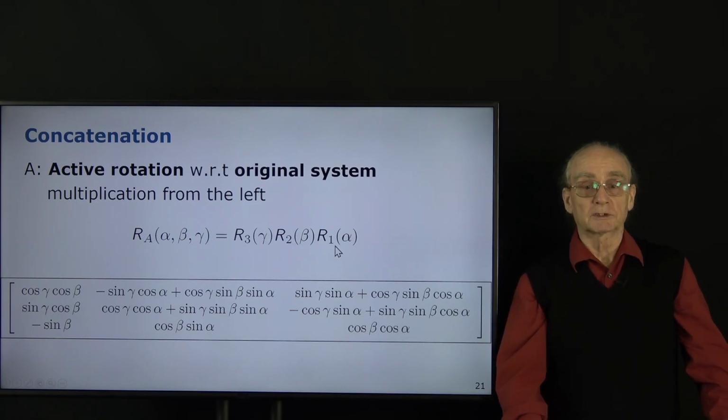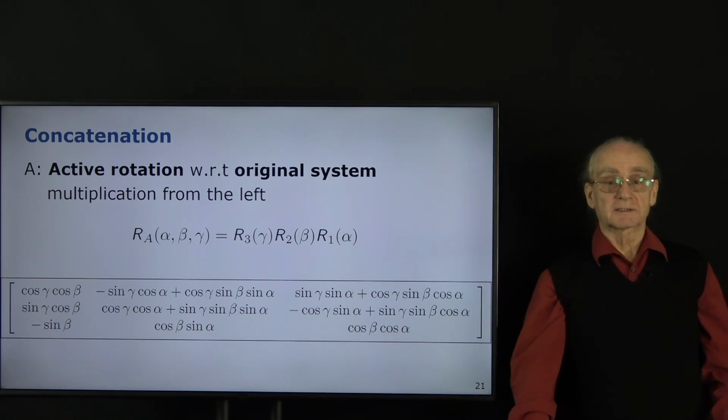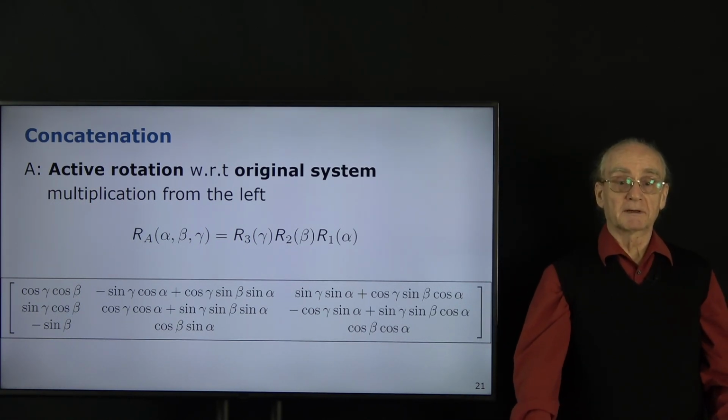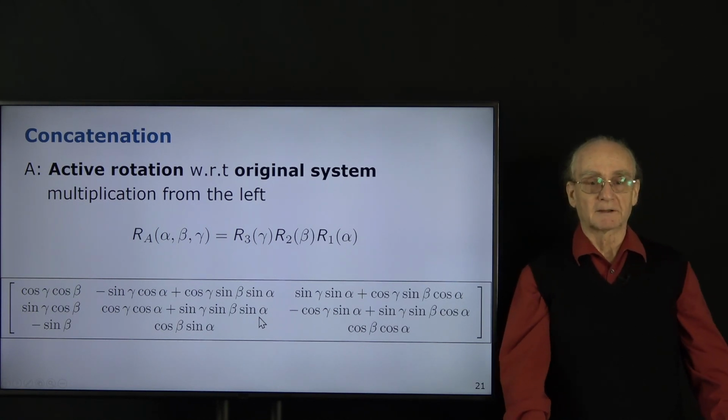So we start with the rotation 1 with alpha, around the second axis with beta, and then the third axis with gamma, and the multiplications are from the left. Now we take these 3 matrices which we just derived and multiply them, and this gives an awkward expression. That's it, the result. That's a 3 by 3 matrix which depends on the 3 values alpha, beta and gamma, and obviously contains the sines and cosines of these 3 angles.